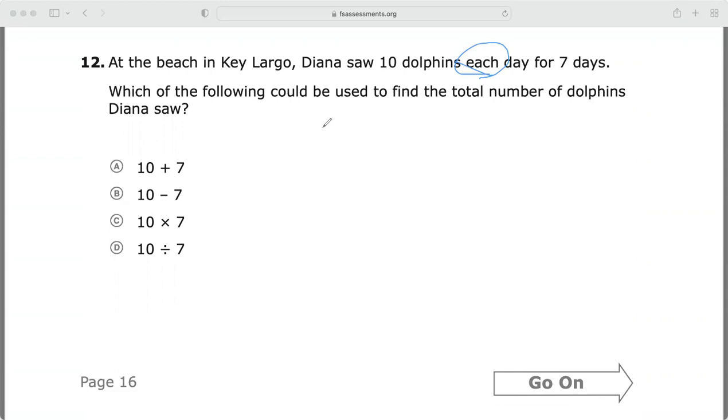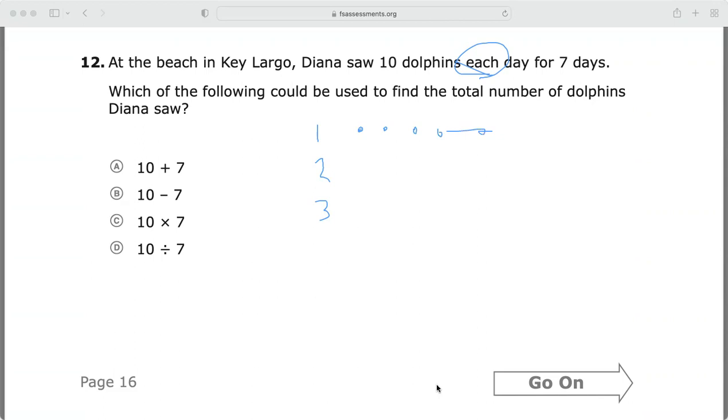So if you didn't really know, you could say day 1, day 2, day 3, all the way up to 7, and then put 10 dolphins for each day. I'm not going to do that because that would take a lot of time, but you get the idea.